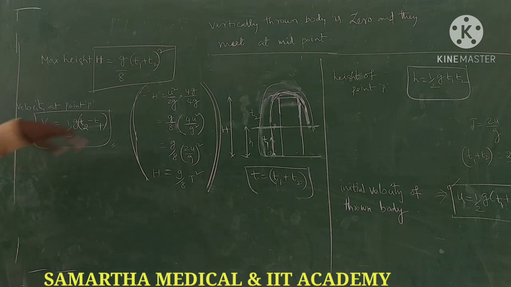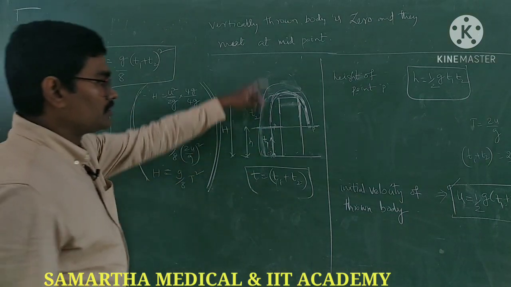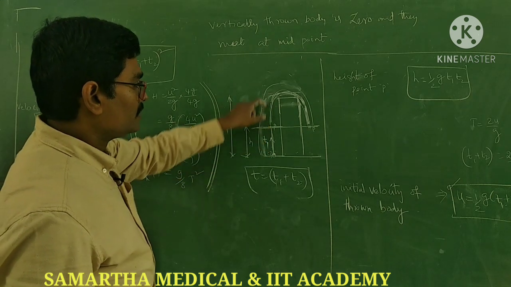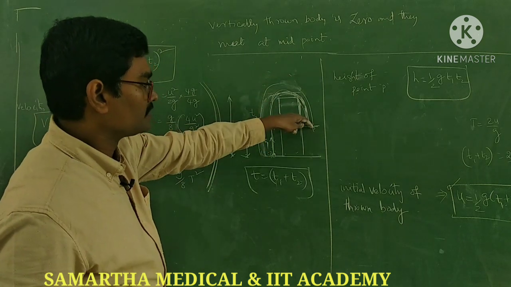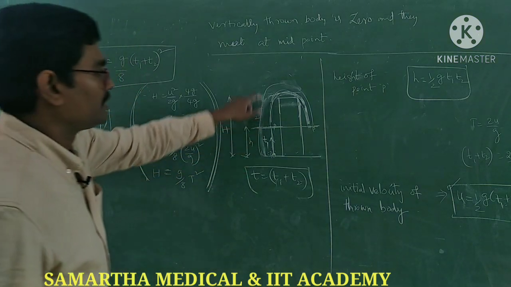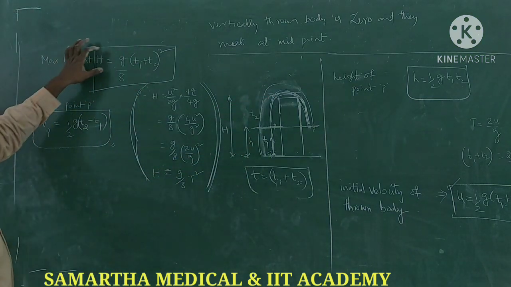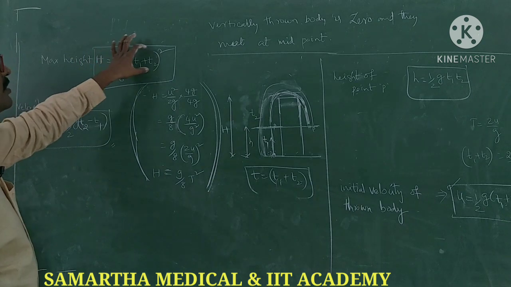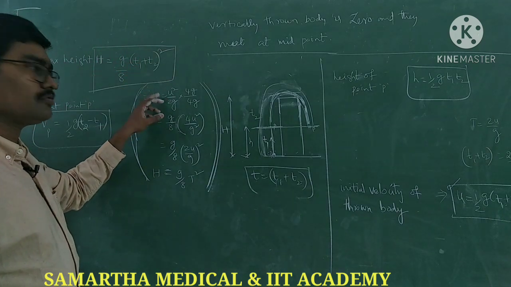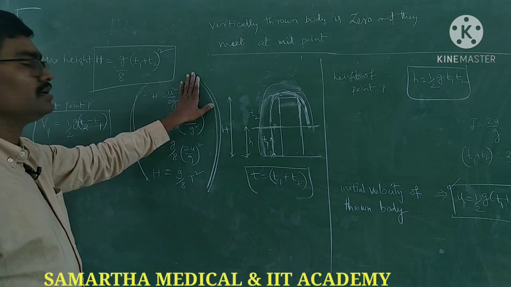See, for this vertically projected body, after t1 seconds it reaches the point P from the ground, and after t2 seconds it again reaches the point P. In that situation, the maximum height is H equal to g by 8 into (t1 plus t2) whole square. This is like, for a vertically projected body, the maximum height is u square by 2g.